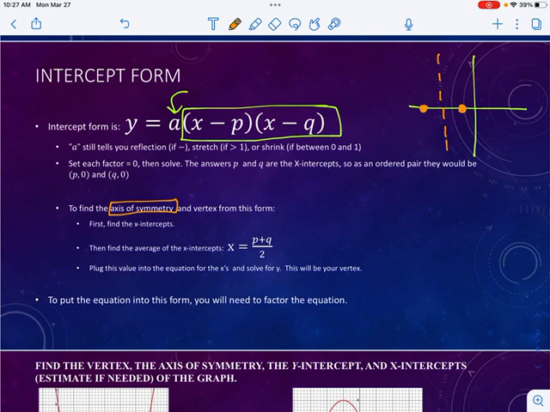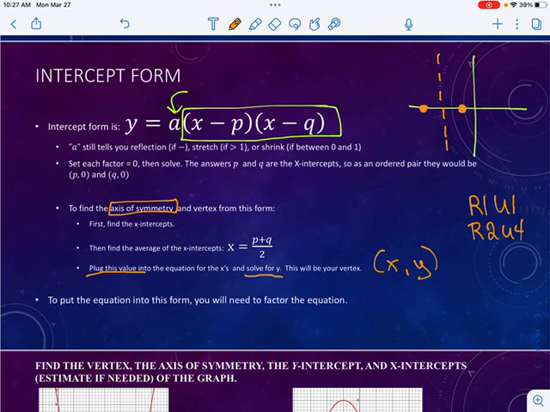Once we have that, we plug that value back into the equation for the x's and solve for the y, and this will give us our vertex, which is x comma y. Then we can use our movements, where we go right 1, up 1, right 2, up 4.